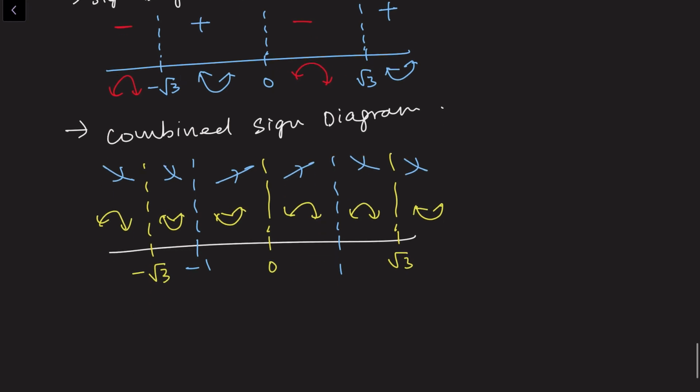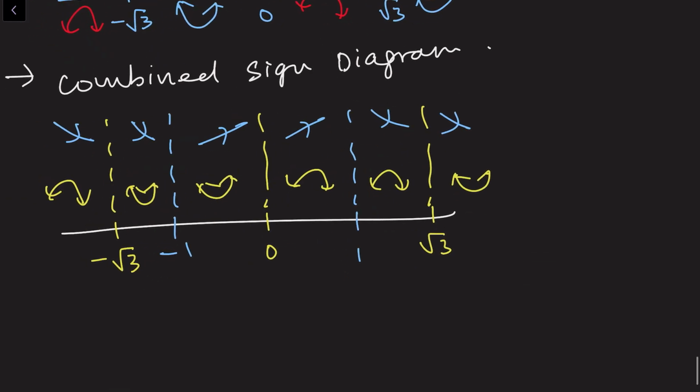So this is actually optional. Decreasing and concave down means we take this part like this. Increasing and concave up means it is like this. Sorry, decreasing means like this.